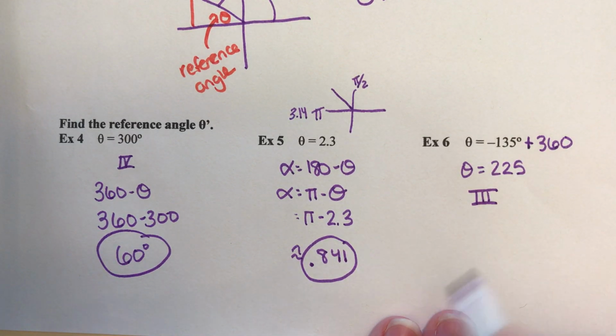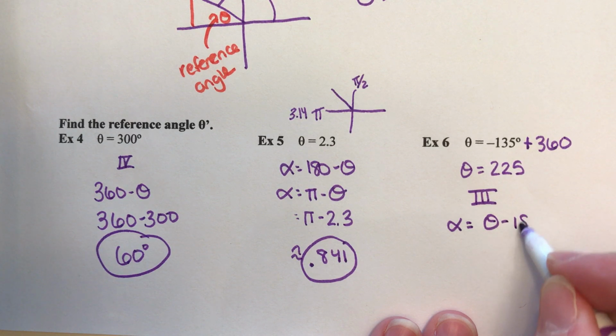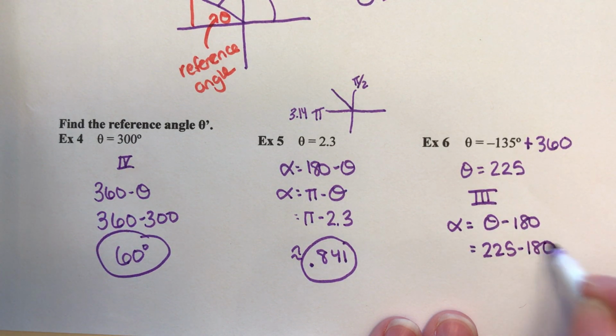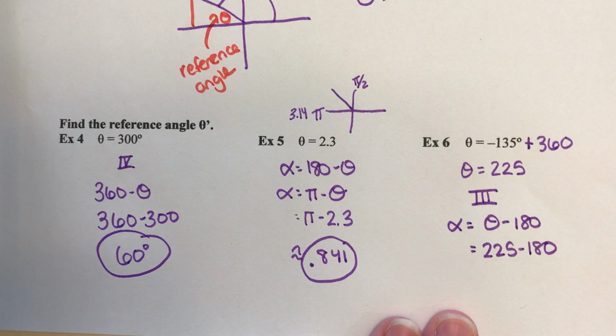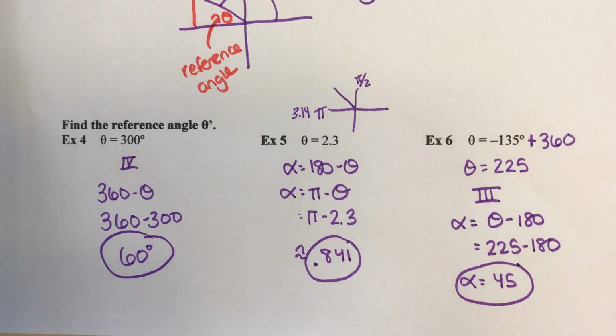So I'm going to use my formula for the reference angle in the third quadrant, theta minus 180. So that's 225 minus 180, which gives us 45 degrees. Okay, so that concludes part 1 of our trig functions.